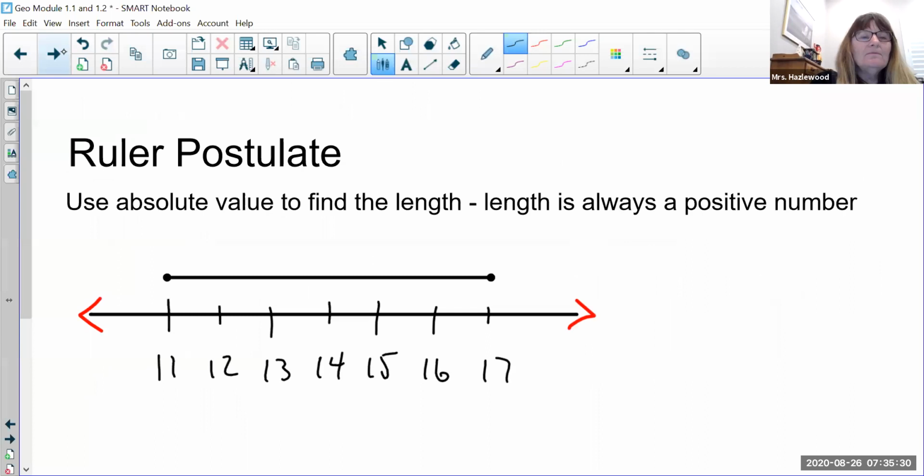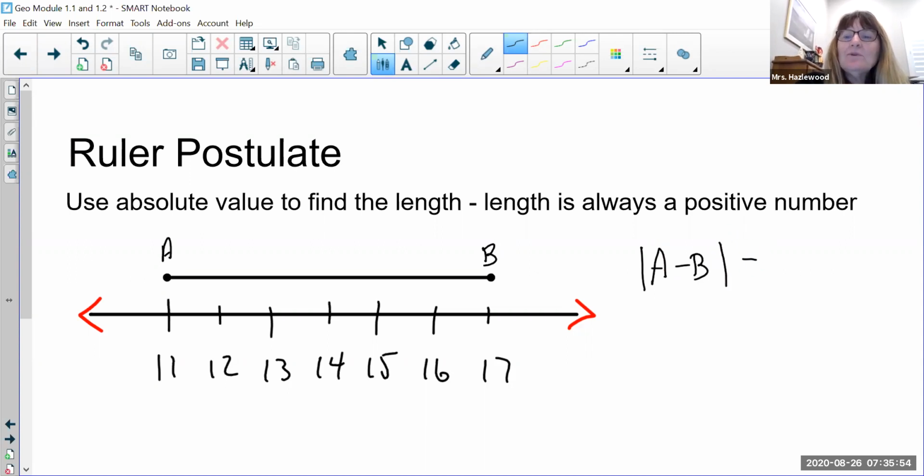So when we use the ruler postulate, we're always going to use the absolute value. If I have a point A, and this is point B, what it says is that A minus B, in absolute value, is going to be equal to a positive number.